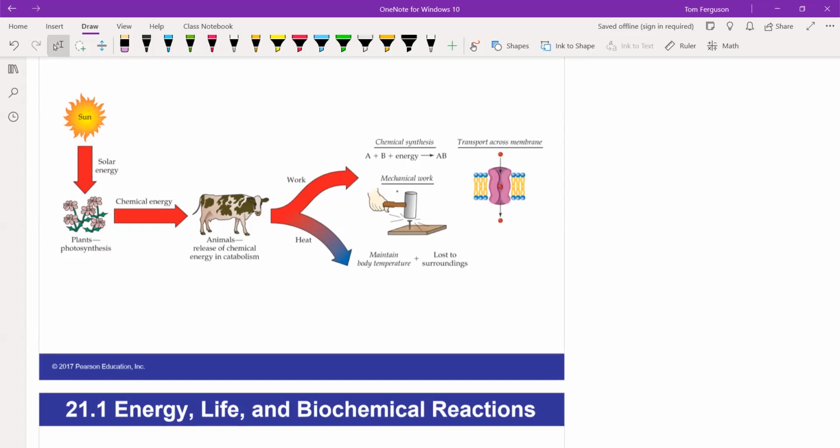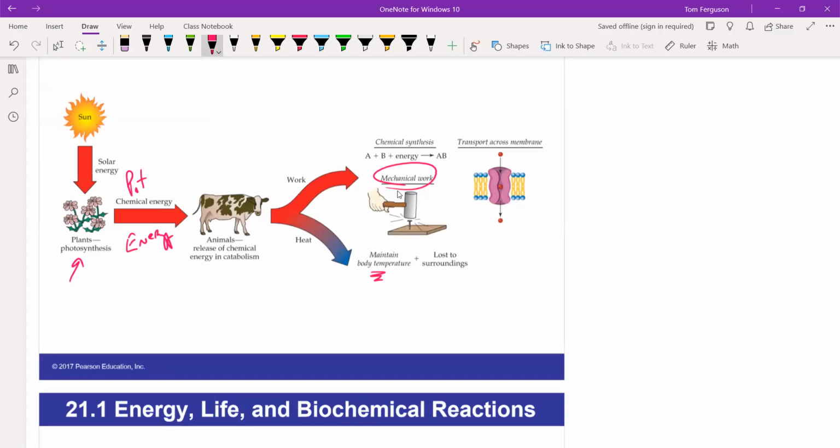Okay, here's an organism that uses sun and carbon dioxide to produce molecules that have potential energy stored in their bonds. And then we can utilize those molecules to do things like mechanical work, which is temperature.